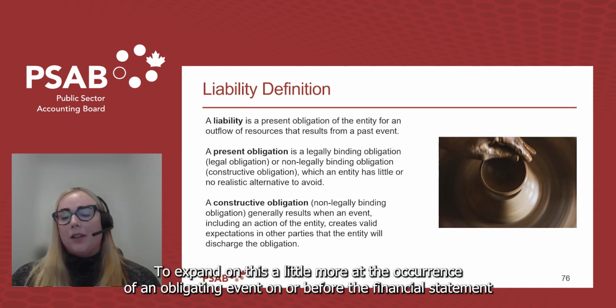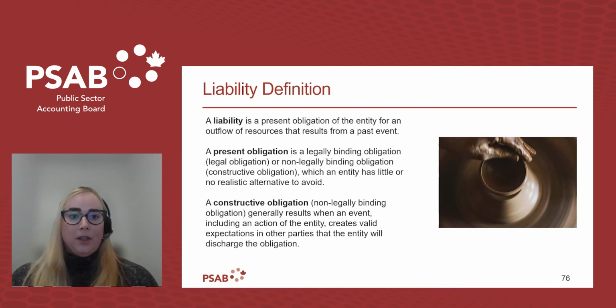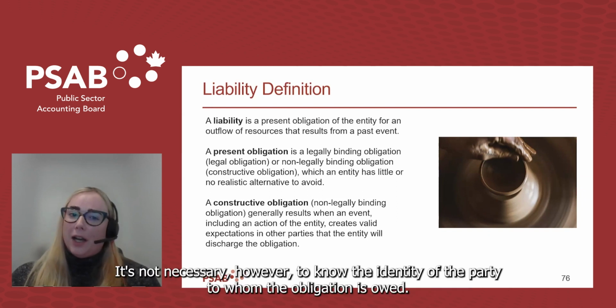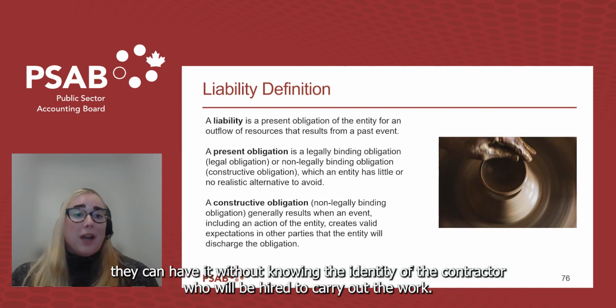To expand on this a little more, the occurrence of an obligating event on or before the financial statement date distinguishes a present obligation from a future obligation. It's not necessary, however, to know the identity of the party to whom the obligation is owed. For example, a government which may or may not have an environmental liability, they can have it without knowing the identity of the contractor who will be hired to carry out the work.